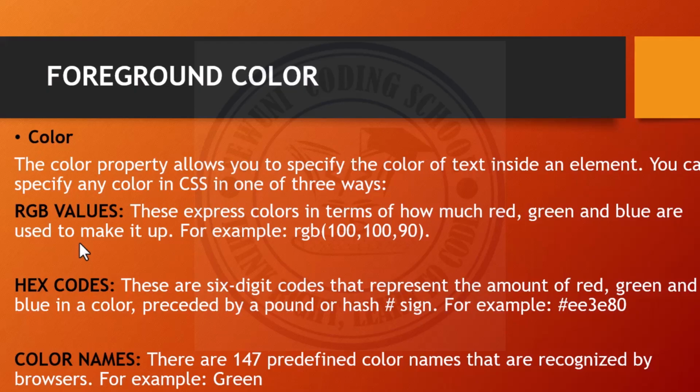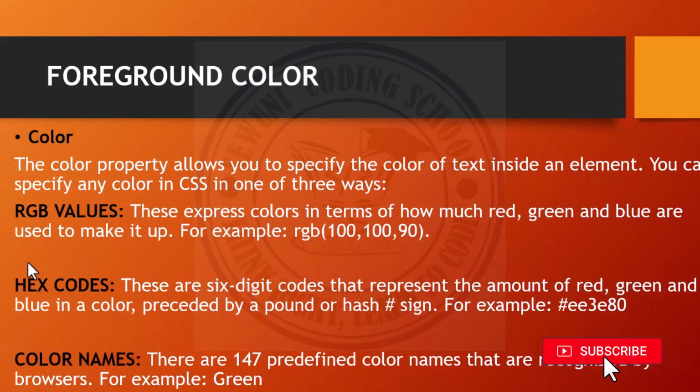It expresses how much red, how much green, and how much blue a particular color is made up of. So if we check this example, it simply means red has an amount of 100, green an amount of 100, and blue has an amount of 90. These three colors put together will give you one particular color. So you can specify the color given to an element by using RGB.